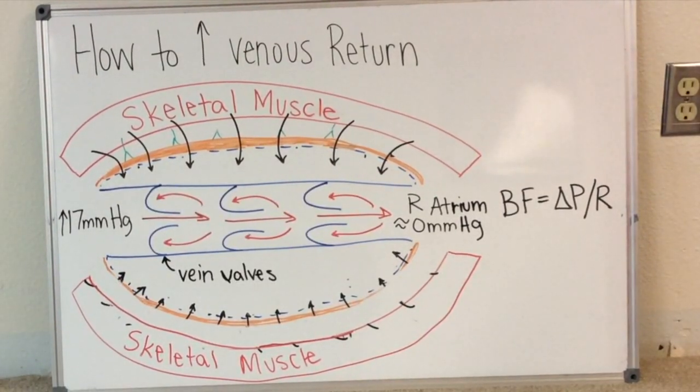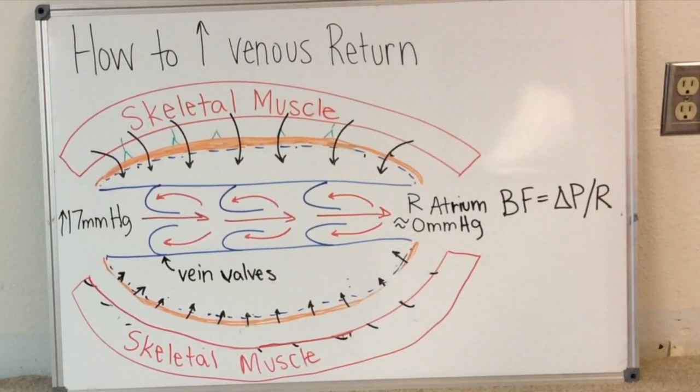Another factor to help increase venous return is the presence of vein valves. Vein valves help to decrease the impact of gravity. Without any vein valves, the blood would be able to move forward and backwards with little resistance to prevent backflow. The presence of vein valves allows that backwards blood flow to force the valve shut.